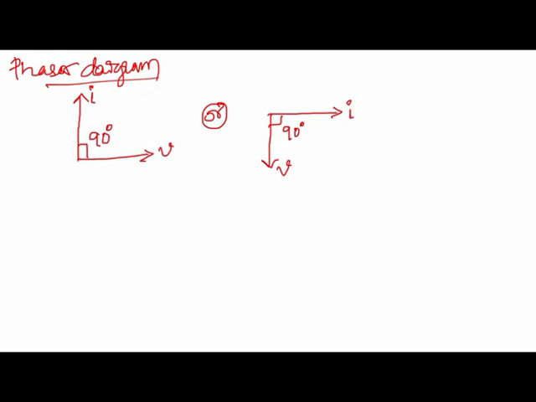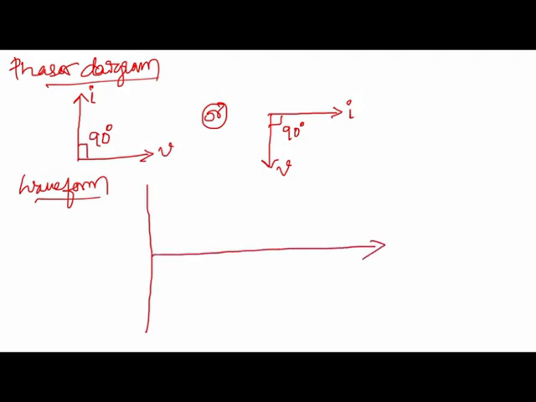Let us indicate this in the waveform, considering voltage as the reference. It is varying with respect to omega t. Let us draw the current. As I said earlier, the current is leading by 90 degrees, which means current is starting before the start of the voltage wave.